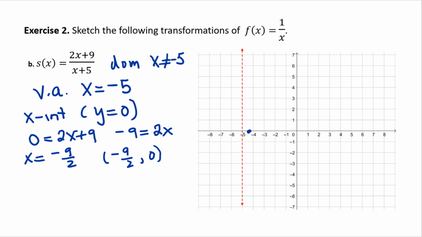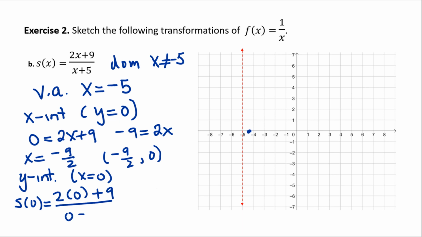And let's look for the y-intercept. The y-intercept is where x equals 0. So in your rational function, let's put a 0 in every place there's an x. So s of 0 is equal to 2 times 0 plus 9 divided by 0 plus 5, which is 9/5.